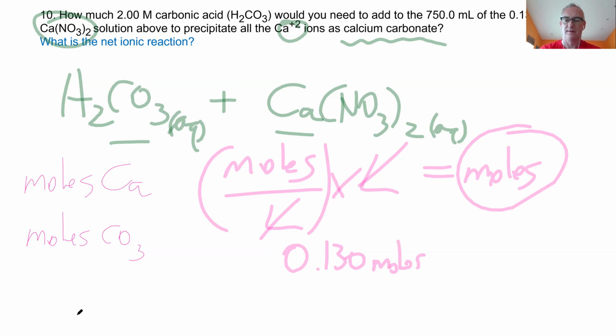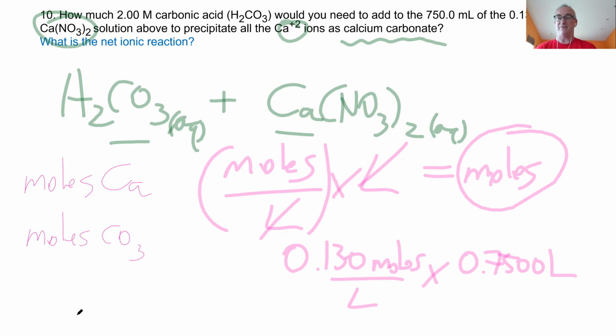Moles per liter, because that's what that means, times what? Times 0.750 liters. Liters, right. Because there's 1,000 milliliters in a liter. So if we want to figure out how many liters there are from a certain number of milliliters, we divide by 1,000.